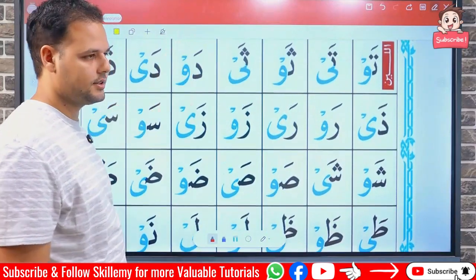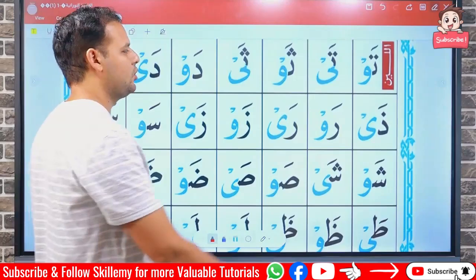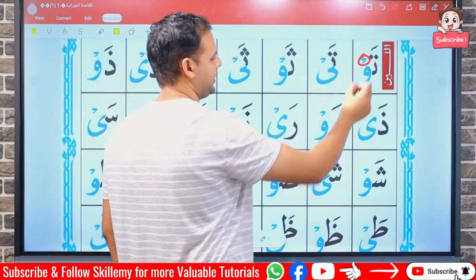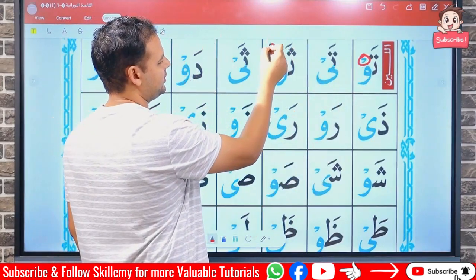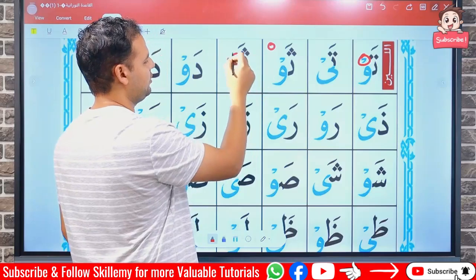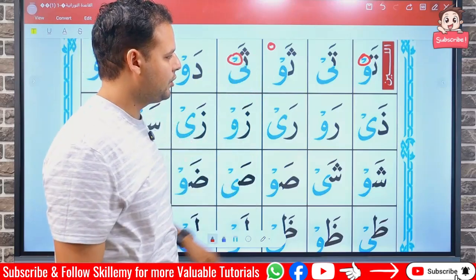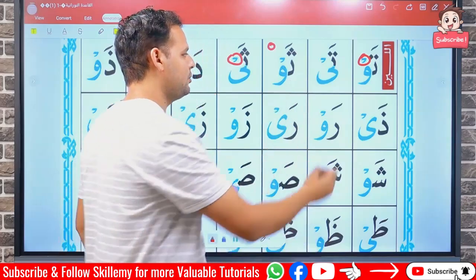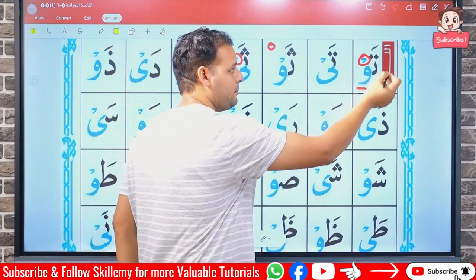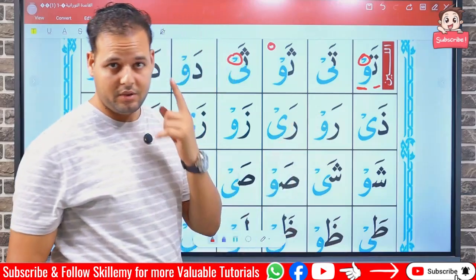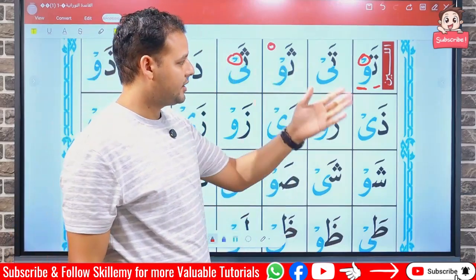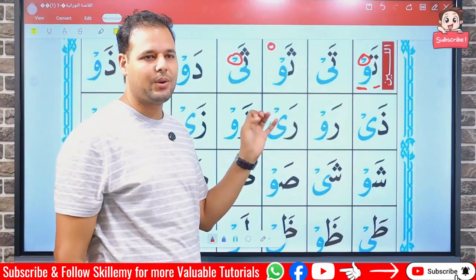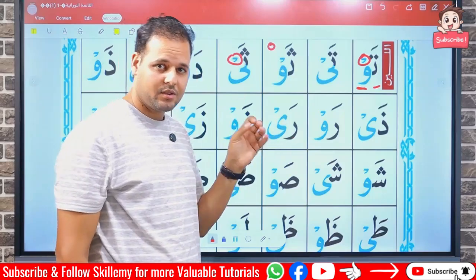Now, before the last rule, this is called sukoon. This sign can come like this as a complete O or semi-O like this. Alright, so this one is not completely silent. It means that you need to pronounce this letter with the one before it together as one sound. So instead of saying ta, wa, it's going to be tau together.